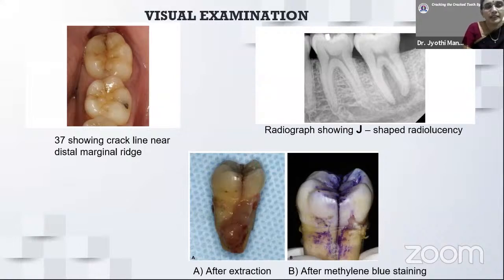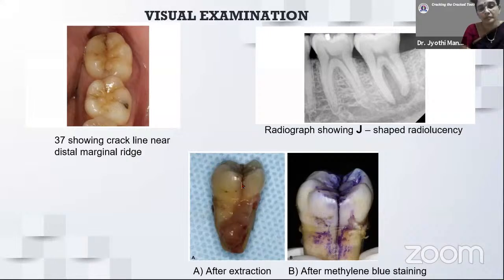Here we can see the crack on the distal aspect of the second molar, and the IOPA X-ray reveals furcation involvement with a J-shaped radiolucency that indicates a root fracture somewhere on the lingual aspect, because the radiograph will not be able to show it.